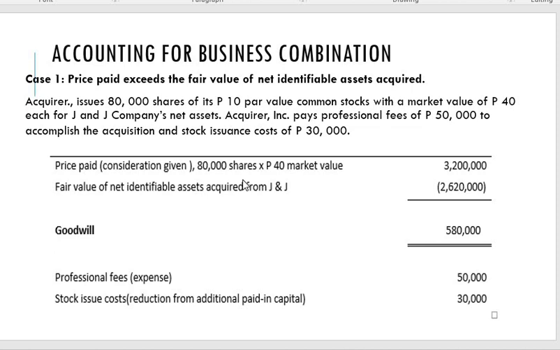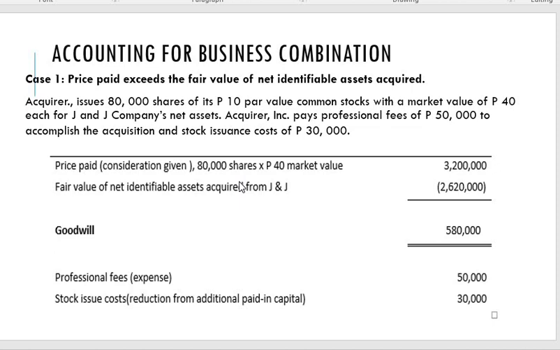It issued 80,000 shares with a 10 par value, but its market value is 40 pesos. Therefore, there is an excess of 30 per share. Again, we also take note that the consideration transferred shall be measured at fair value. Then, the acquirer pays professional fees of 50,000.